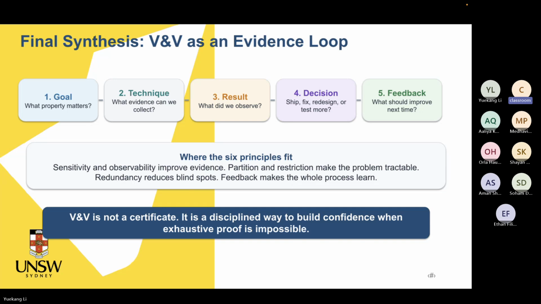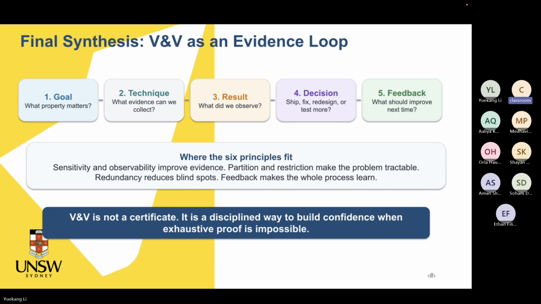For example, because we have infinite input space, we can partition them by labeling them or grouping them together and select representative test cases. And because the software is so large, we can apply different levels of testing by partitioning. And because the software is so complex, we can apply restriction techniques to model the software as something simpler. So partitioning and restriction help us to make the problem solvable.